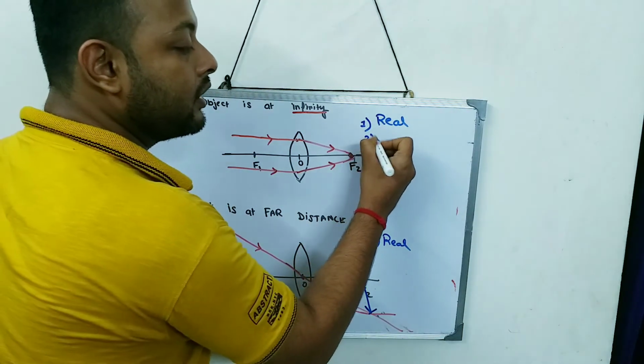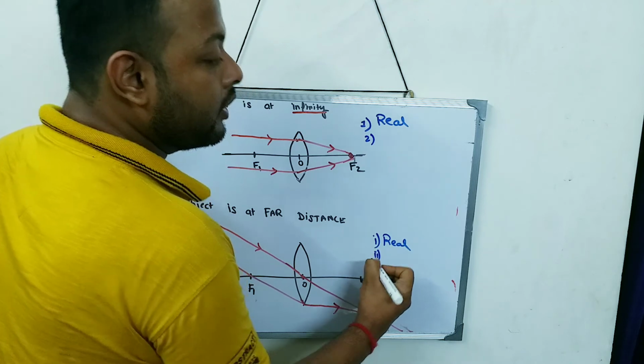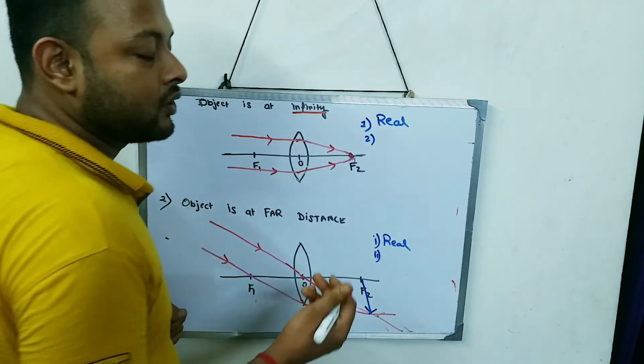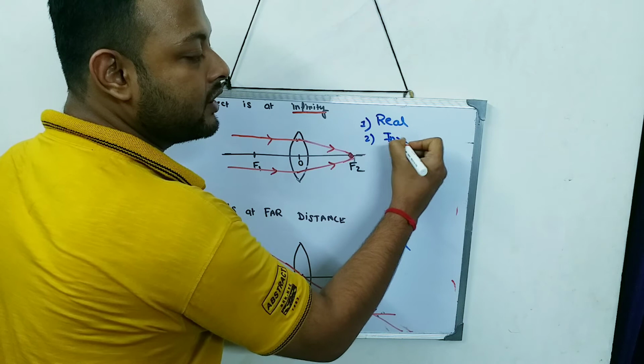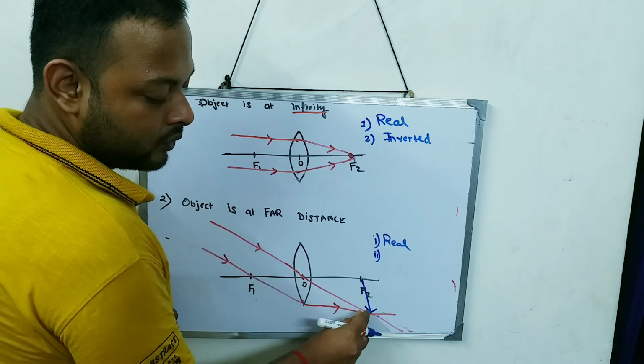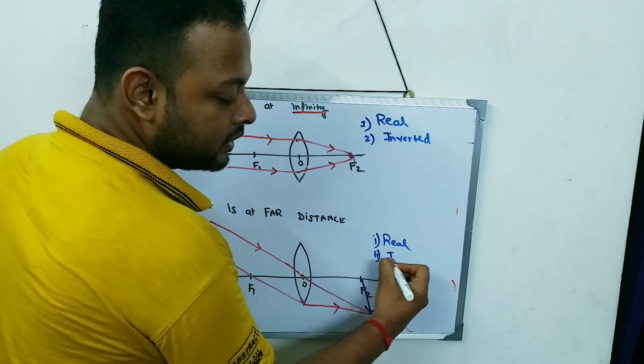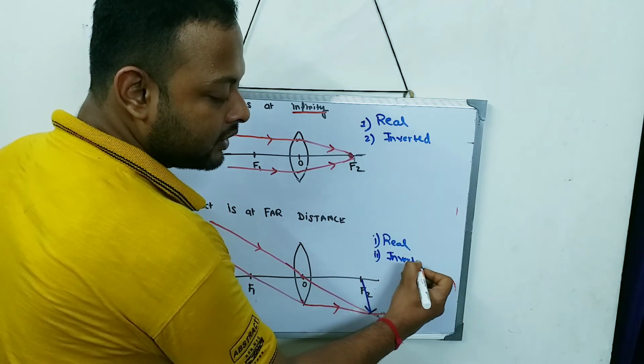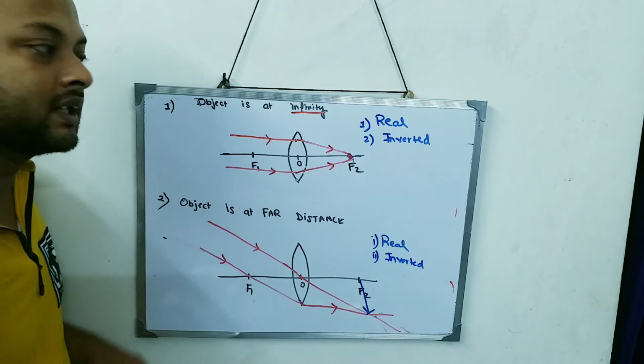Second thing, all the real images are inverted in nature. You can see over here, the arrow is downward, okay? All the real images are inverted. You have learned this in your mirror chapter also.